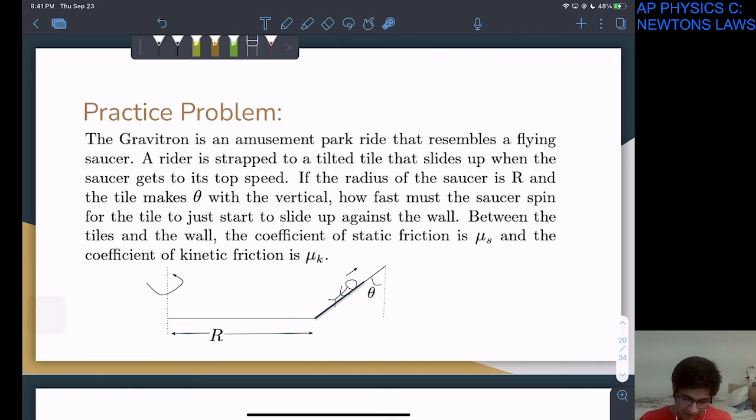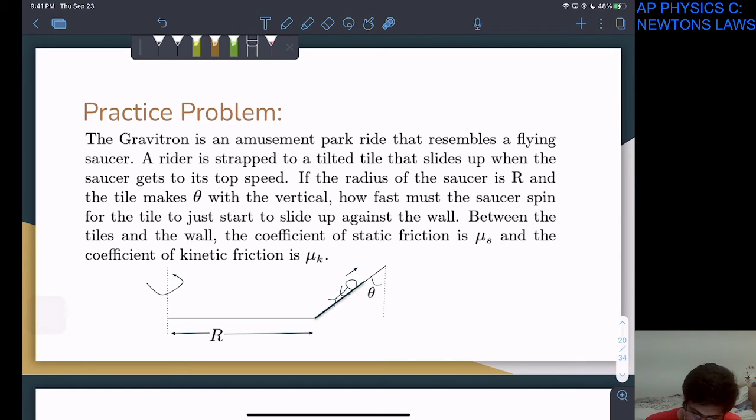Okay, so in this problem, we have this rotating contraption, like this thing here is spinning in a circle. This is the center of the circle, radius r, and you have a person lying down on this tile, and as you start to spin, the tile will start to slide up.